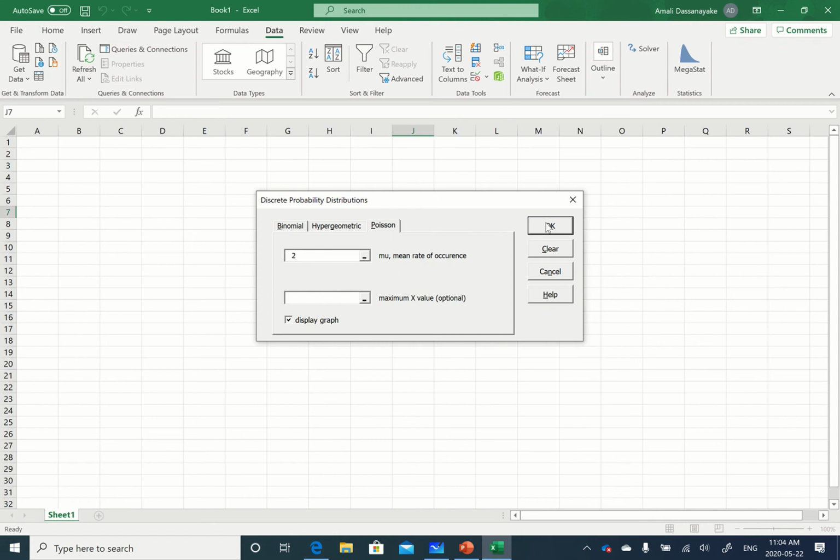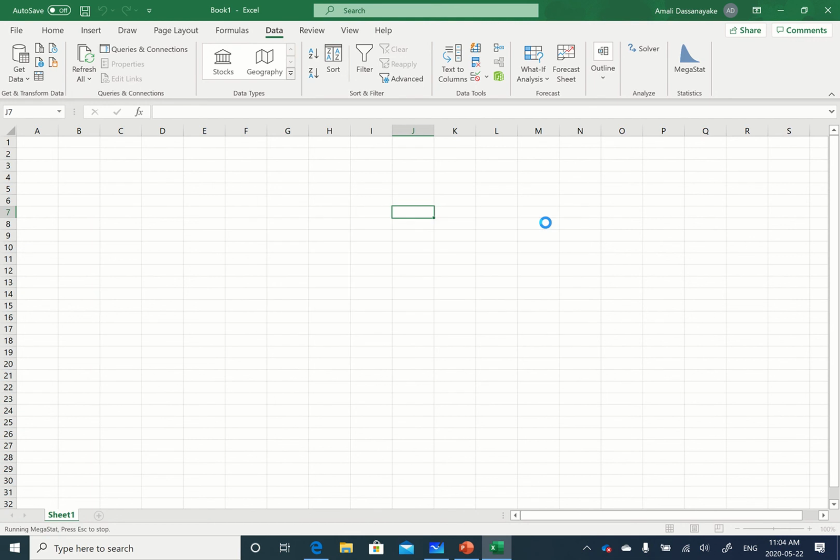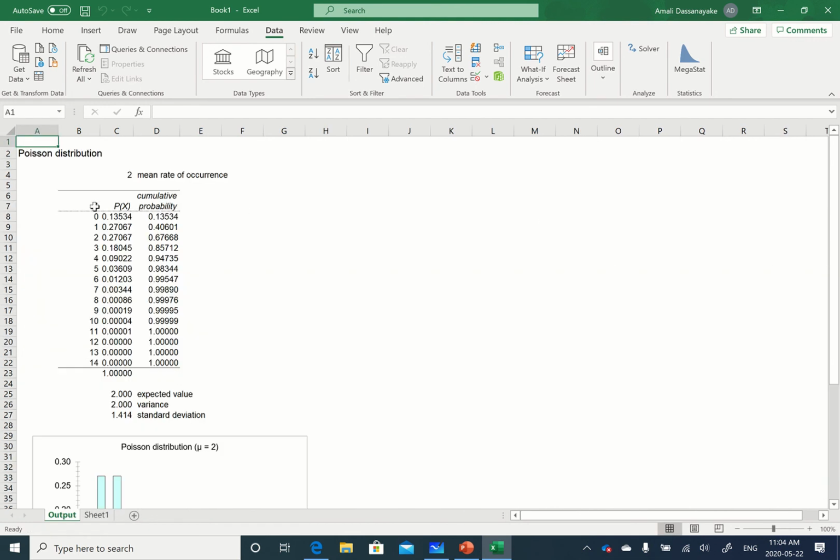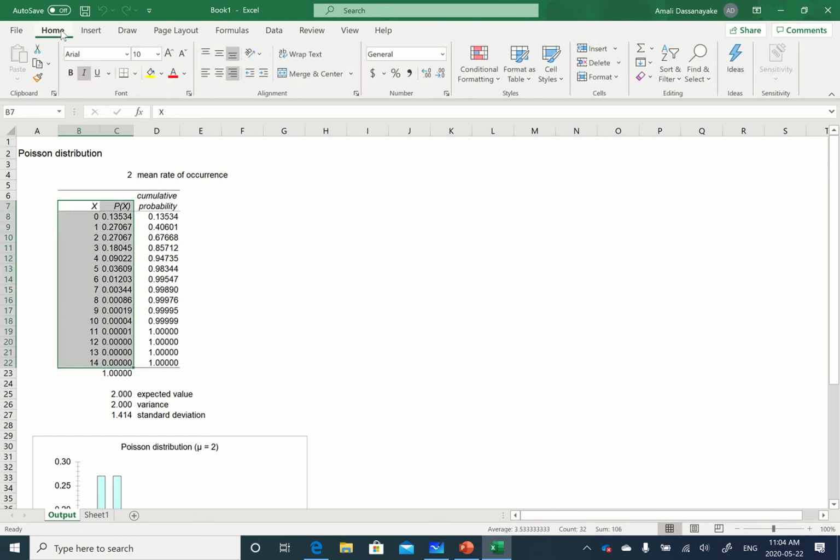I'm not going to complete this. So let's have a look at the complete probability distribution. Okay, so you can see it starts from 0, it went up to 14, and then after that it stopped, right? Once you see 0 probability, that means there's no chance that 12 automobiles would arrive at this exit at any particular minute.